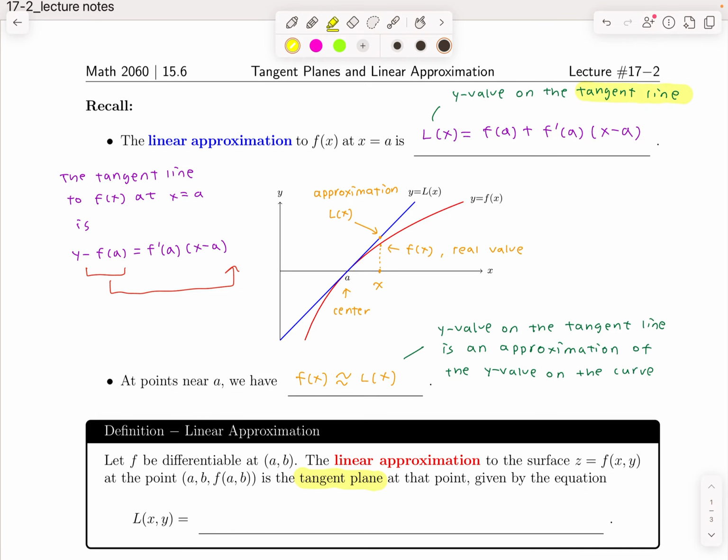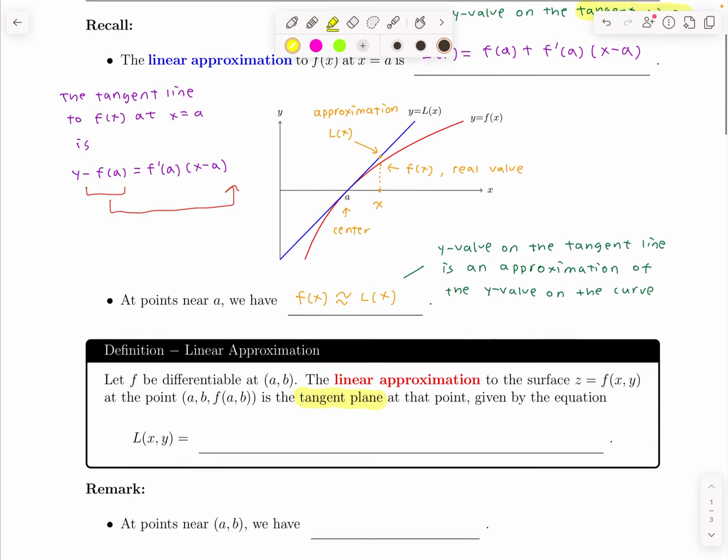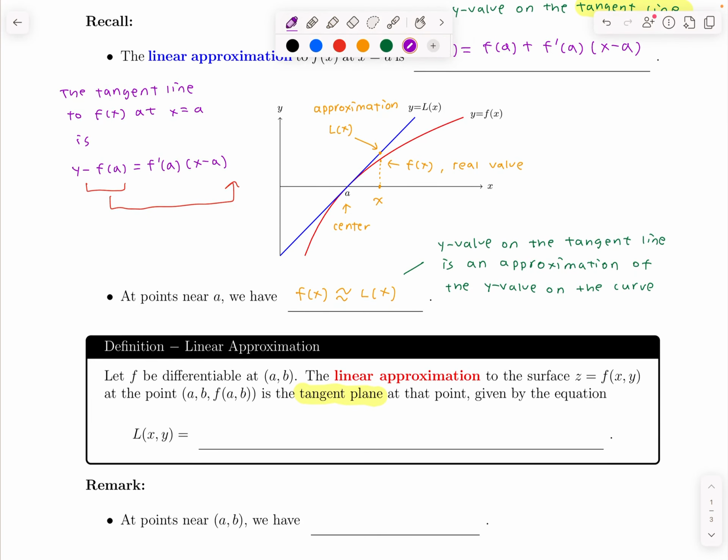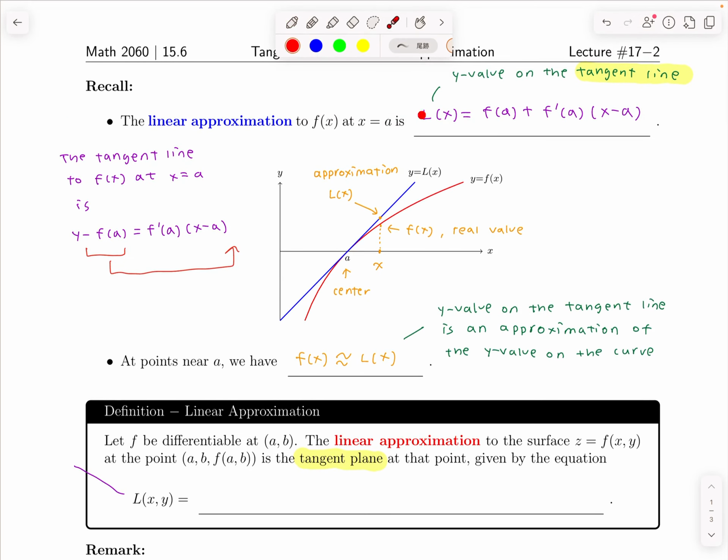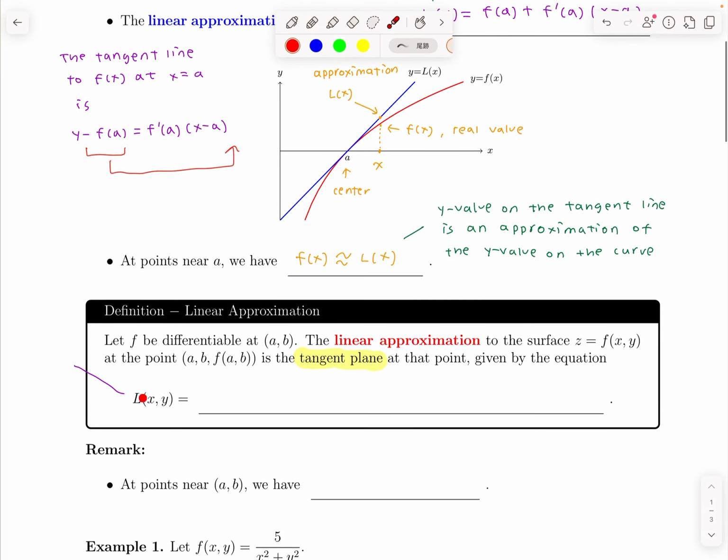So right here, we want you to find out the equation of your tangent plane. Previously the linear approximation is the y value. Right here, your linear approximation will be your z value. So we say this is a z value on the tangent plane.